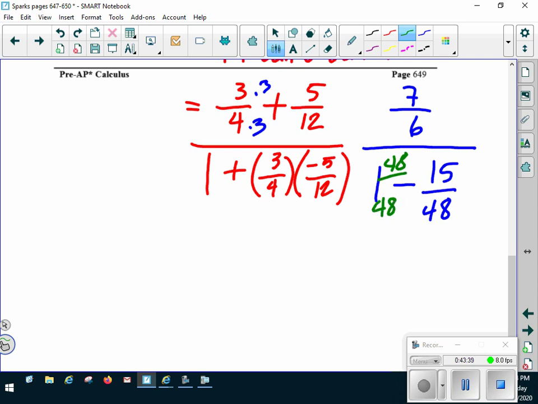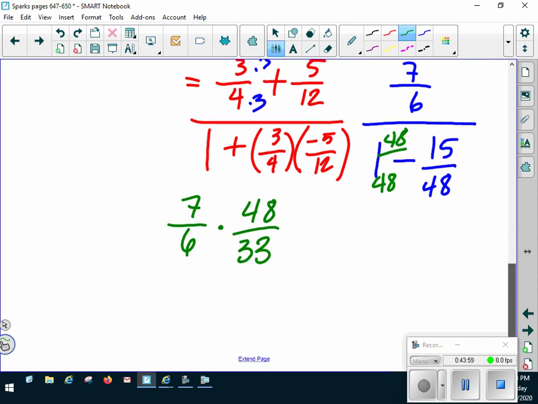What's that give you? Good. So this is 7/6 divided by 33/48, so times 48/33. Does that sound good? Yeah.